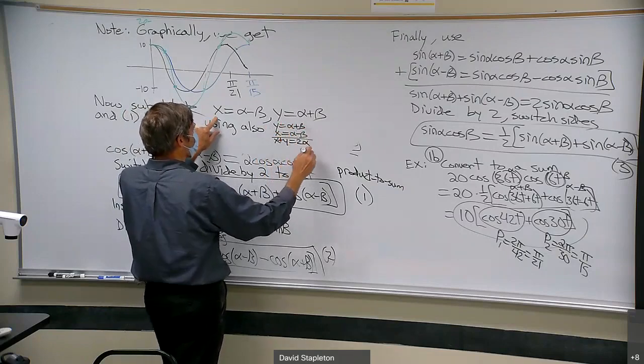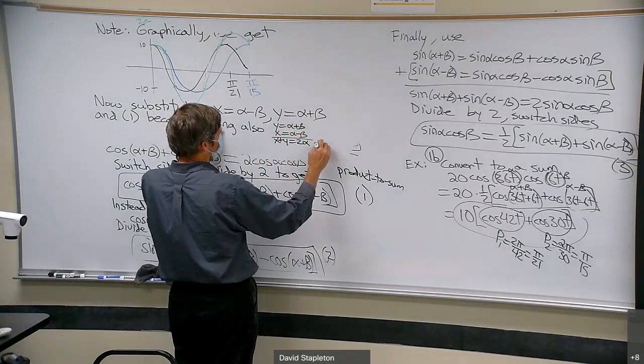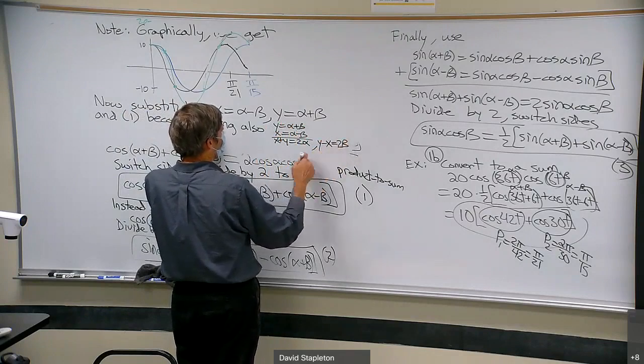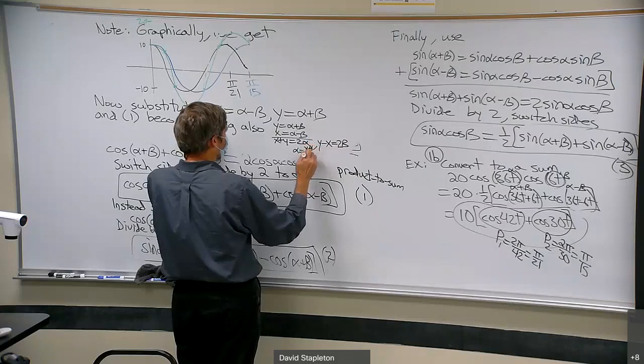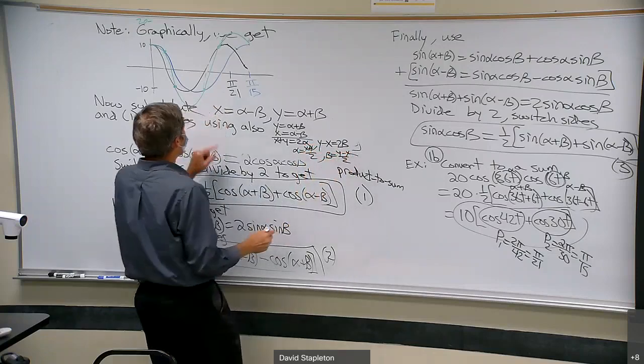Because the betas cancel. And if you subtract them, you've got y minus x equals 2 beta. So evidently alpha equals (x plus y) over 2, and beta equals (y minus x) over 2.